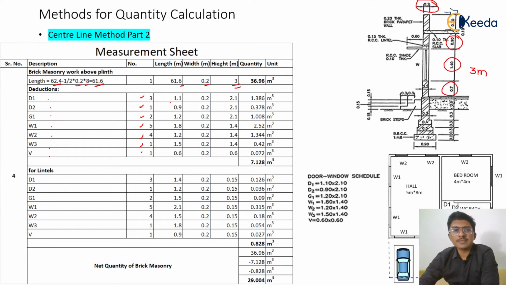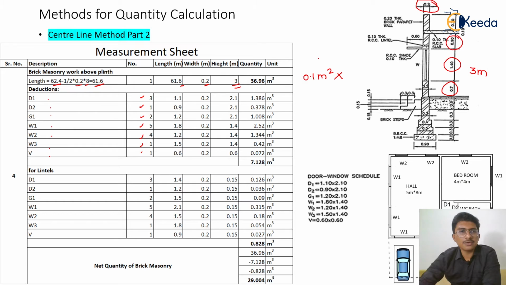Now the most important part of the quantity calculation is that it is to be done with the help of IS codes, and what the IS codes suggest you need to follow, because that is the basis with which the client is going to pay you the money. And the IS code says that if the quantity of any deduction is less than 0.1 meter square, then you are not expected to deduct it.